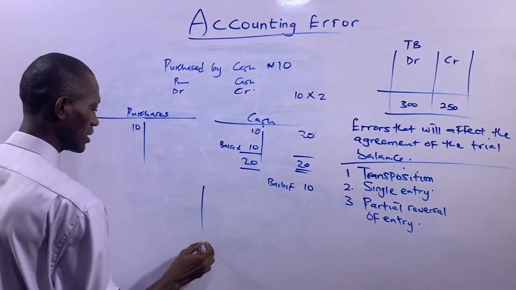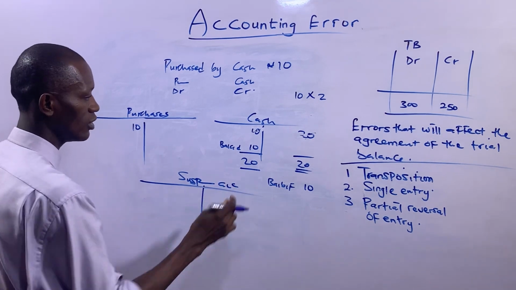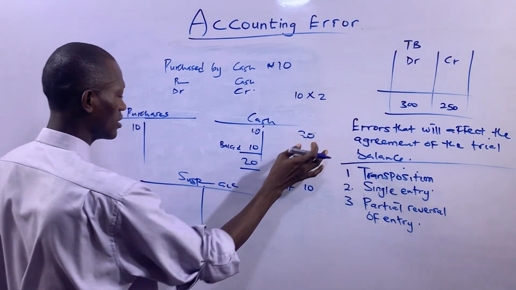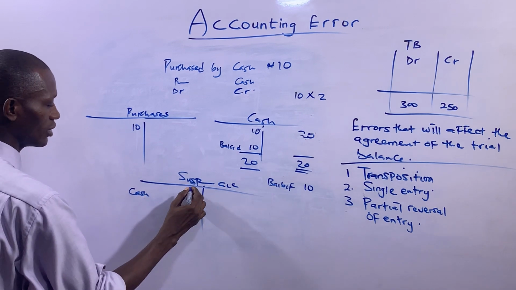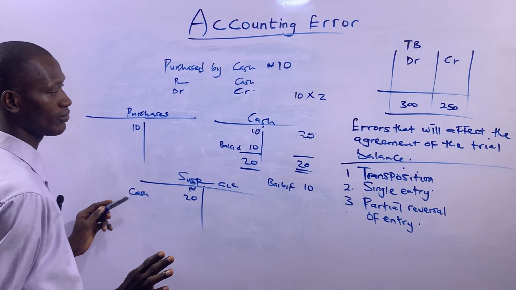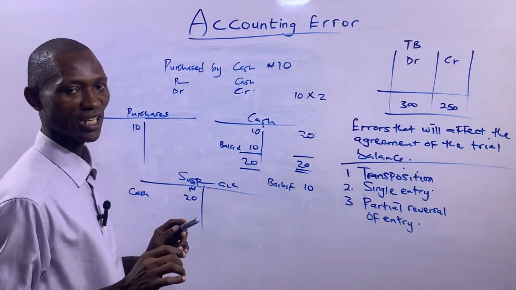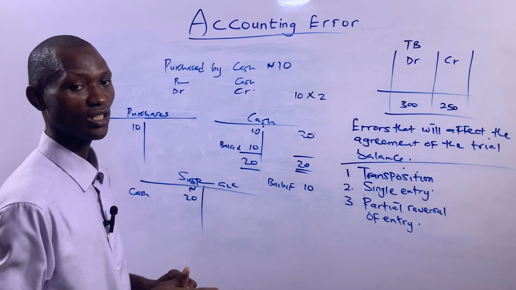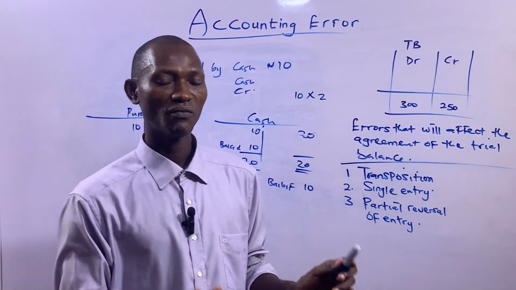So you have a suspense account. So the corresponding debit entry of this will now come. The particular will be cash. So you now have cash. Then you have 20 naira. This is what you have. So that's the correction of error of partial reversal of entry. It occurs when the double entry principle is being violated.